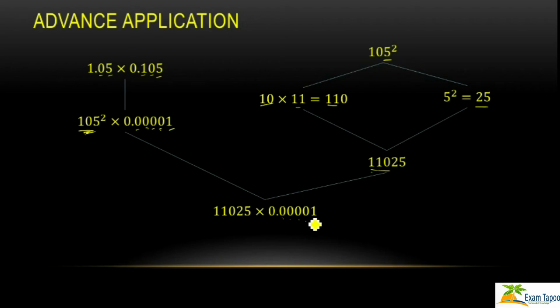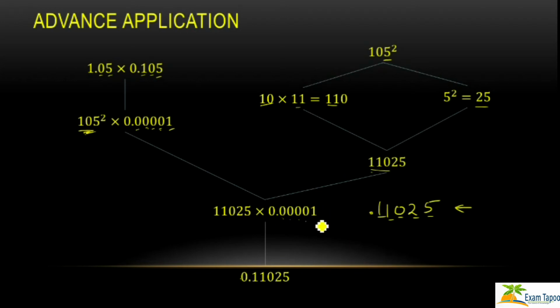I will simply put the decimal starting from the right hand side. I will start calculating from the right hand side. So 11025 is your number, and you will start counting from the right hand side: first, second, third, fourth and fifth, and you will put a decimal. So the result will come out to be 0.11025. Just like normally we used to do the calculation.